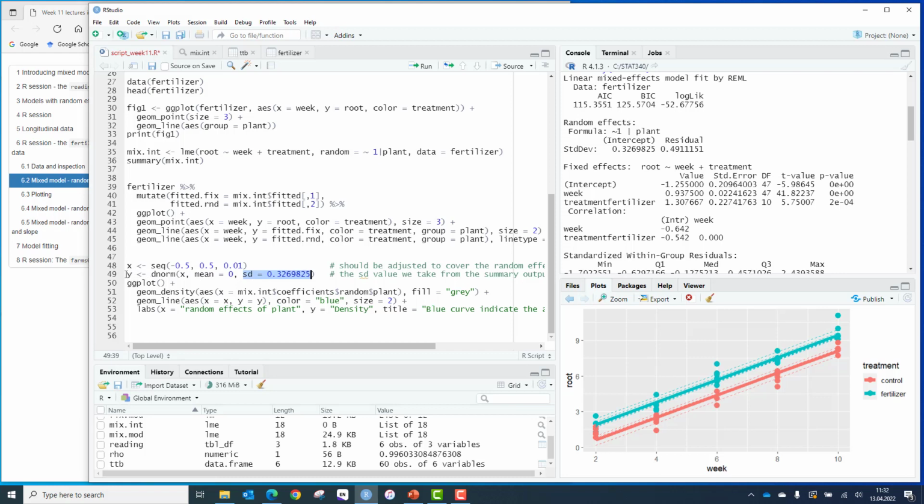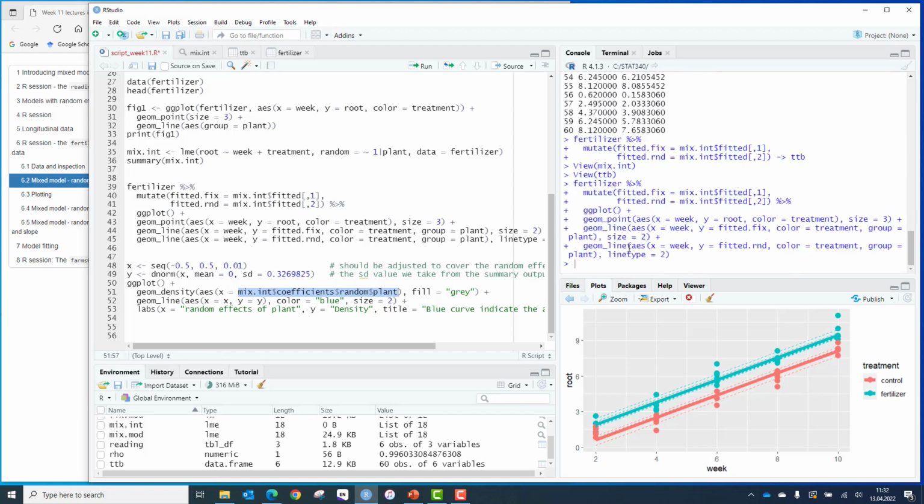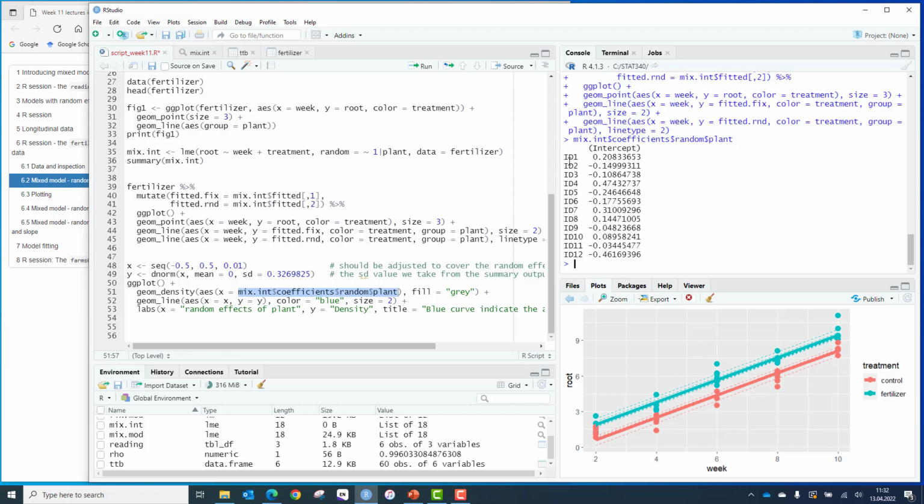If I now plot a theoretical normal distribution like this, I can compare it to the actual coefficients for each plant that were estimated from the data. So what is this one here? These are the random intercepts for each of the 12 plants, right? That was estimated from the data.